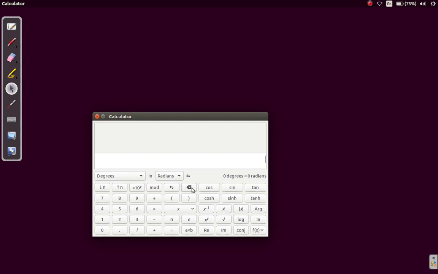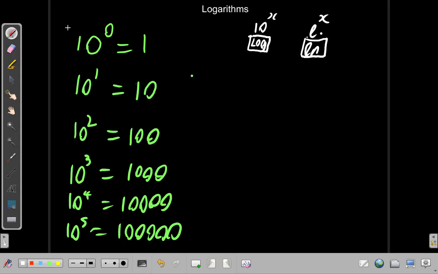On your calculator you might have shift or second function, but this calculator that I have on my screen here, you'd have to have the inverse in order to activate the 10 to the x or the e to the x. Now, as I put my cursor on this button, you see it's labeled logarithms, and it is natural logarithms. The full name for LOG is really common logarithms. And we're going to see what these things are in more detail later on. Let's go back to our screen.